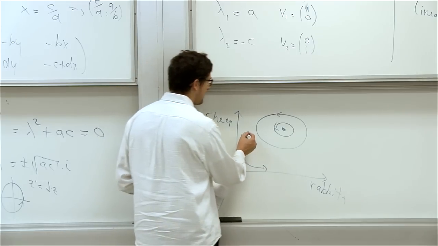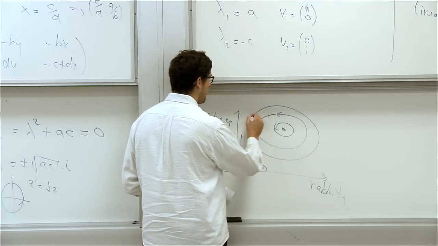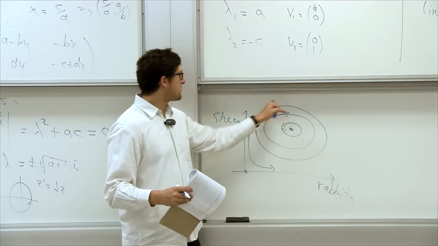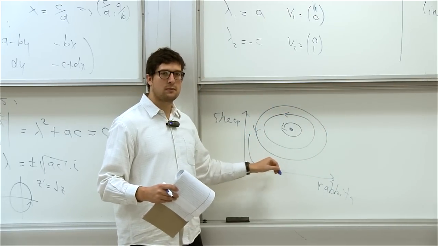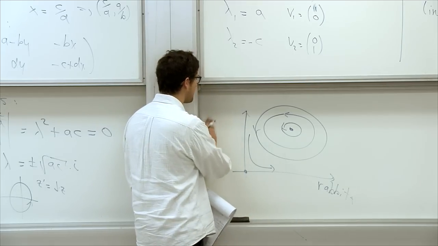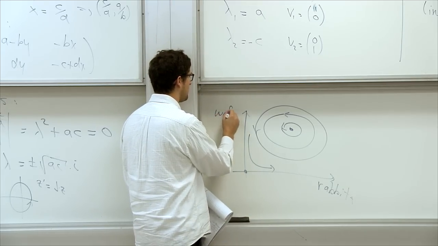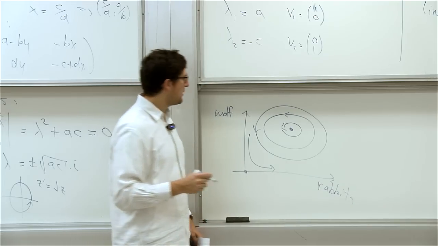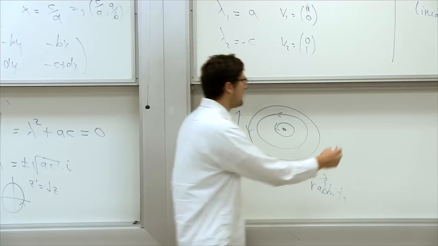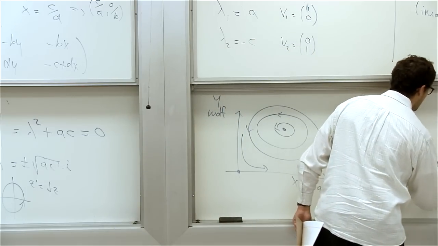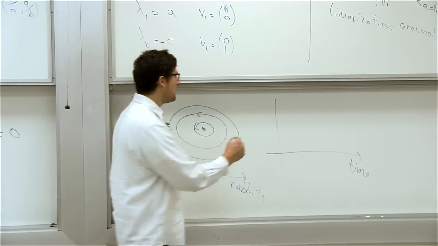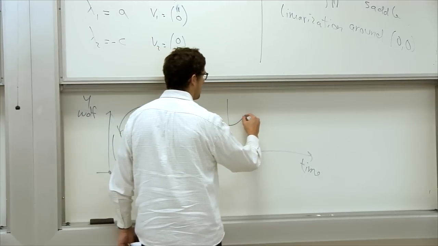That means that, let me draw another solution. For example, around here. The solution that starts here starts going around in a circle and then ends up there again. What happens when you run this thing over time? Oh, I'm sorry, this is not sheep, this is wolves. This is X. This is Y. When you run it over time, you'll see oscillatory behavior.